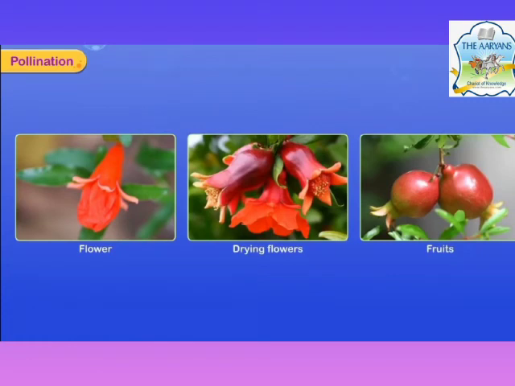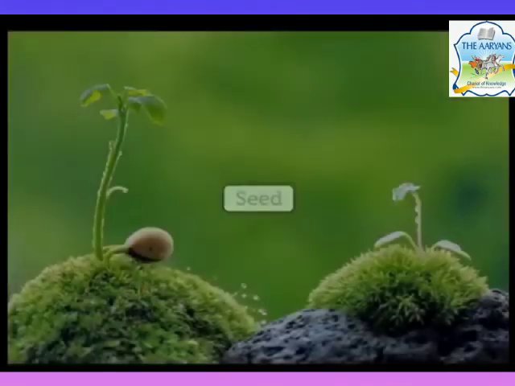These are three pictures of a flower. In first picture, a fresh flower is there. After, when this flower is drying, it is a drying flower, and after drying it converts into fruit. Clear?